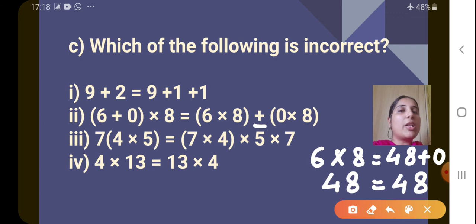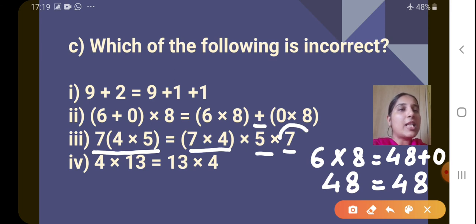Now let's see option number 3. Now there 7 multiplied by 4 multiplied by 5. 4 and 5 are multiplied here first, okay, and then they are multiplied by 7. And on the right hand side you can see 7 is multiplied by 4 and then multiplied by 5, and then again 7 is multiplied here. But here only 3 numbers are multiplied, 7 multiplied by 4 multiplied by 5.